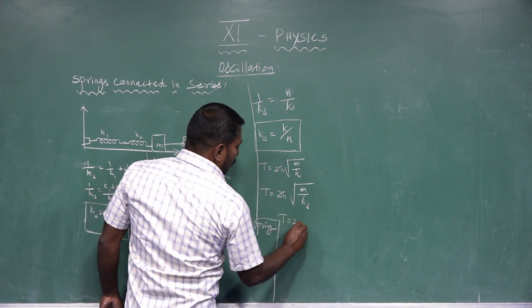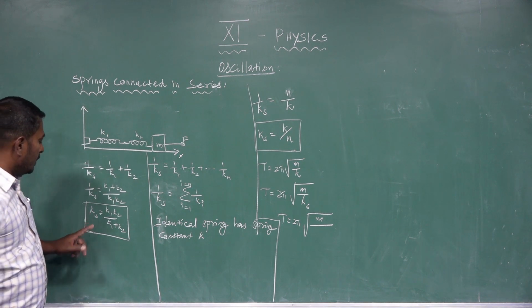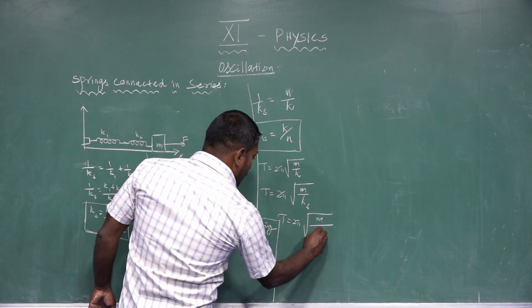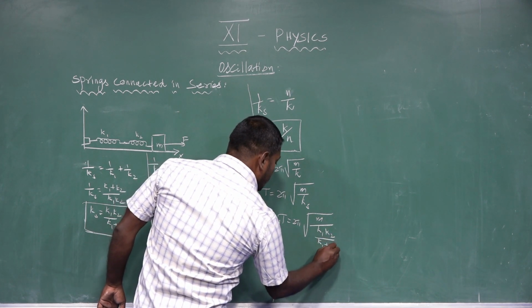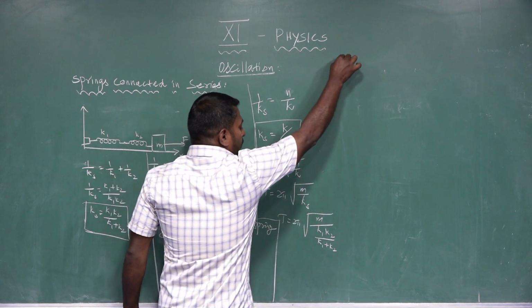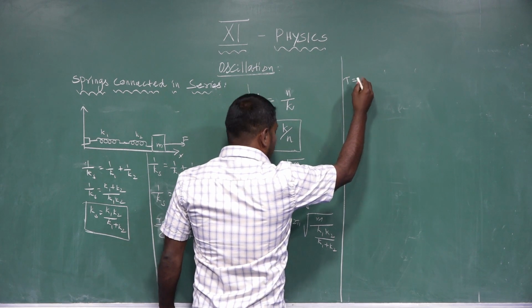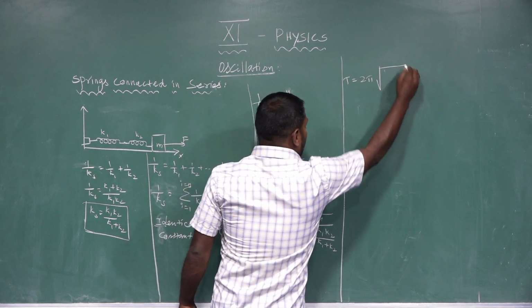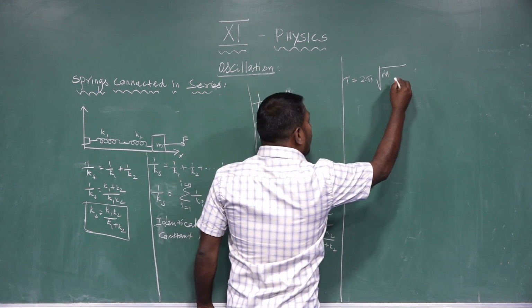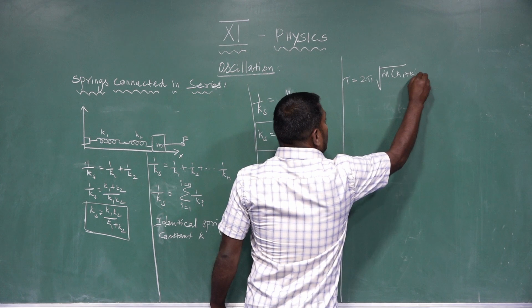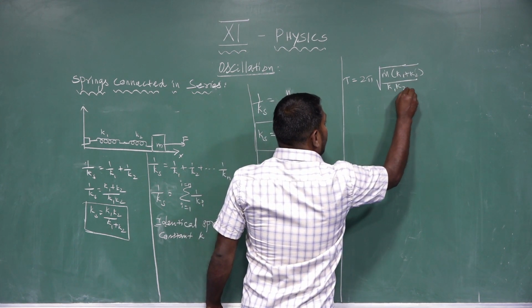Then T is equal to 2 pi square root of m divided by the effective spring constant in series, Ks, whose value is K1 K2 divided by K1 plus K2. Then the time period of oscillation T is equal to 2 pi square root of m times K1 plus K2 divided by K1 K2.